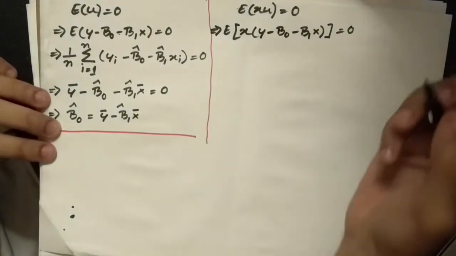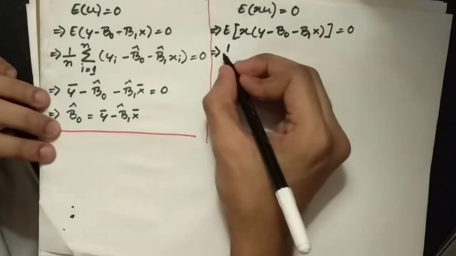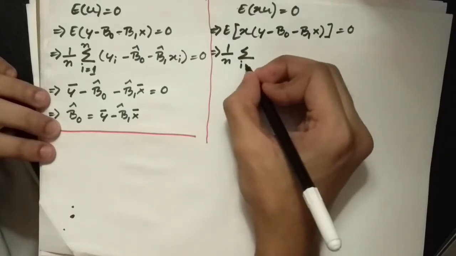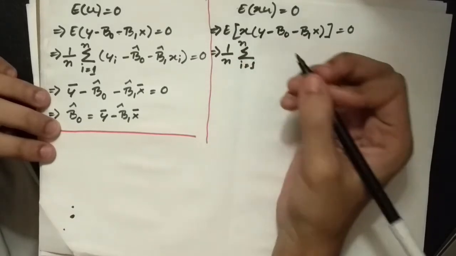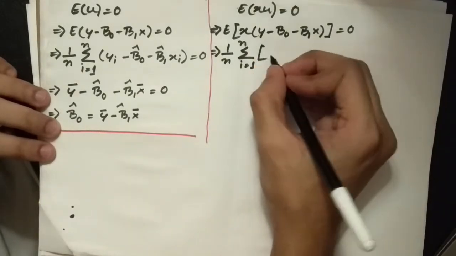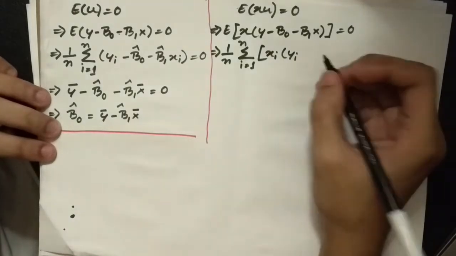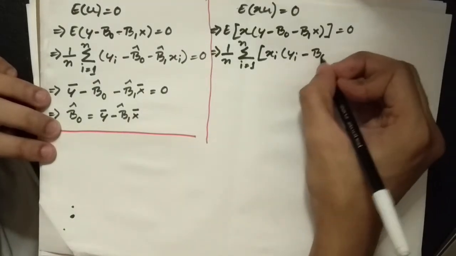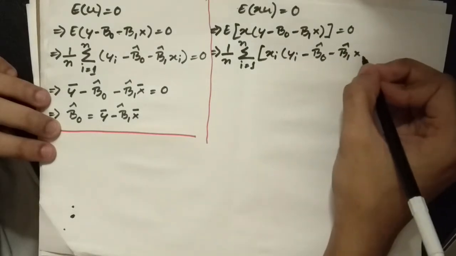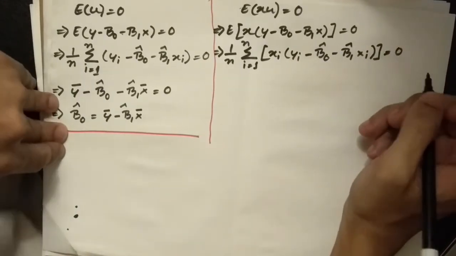If we convert this to summation operators, we can write it as 1 divided by n, the summation from i equals 1 to n, of xi times yi minus beta naught hat minus beta 1 hat xi equals 0.